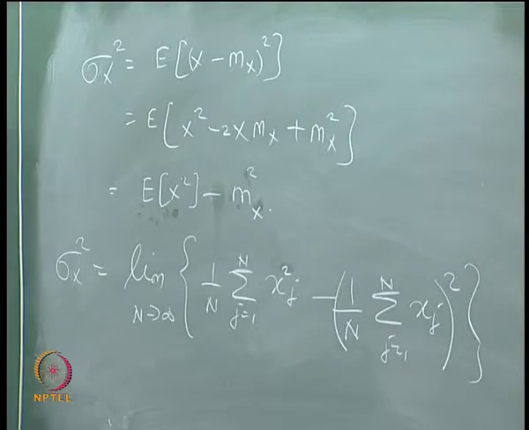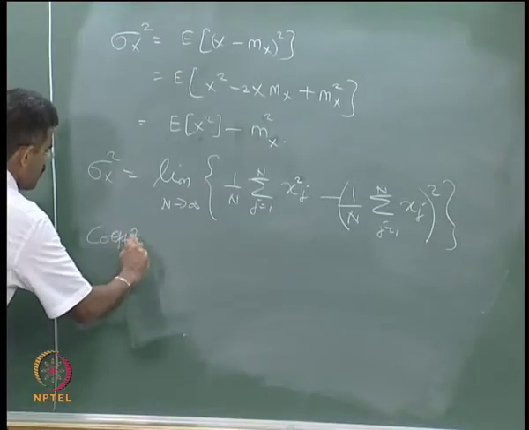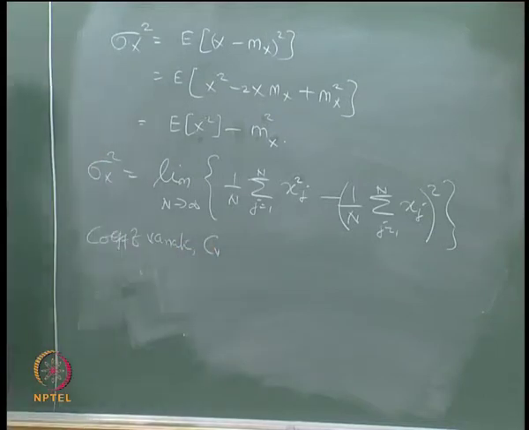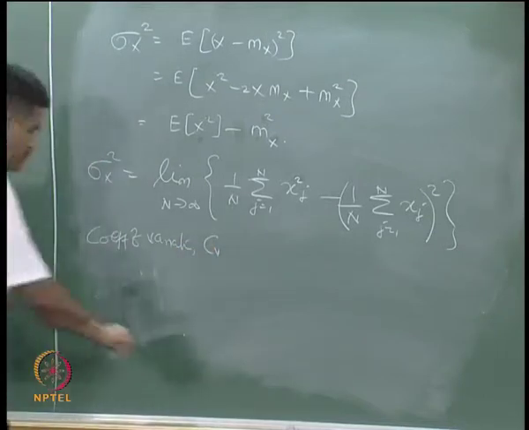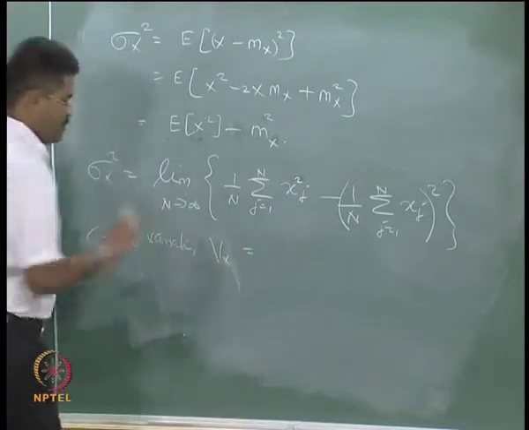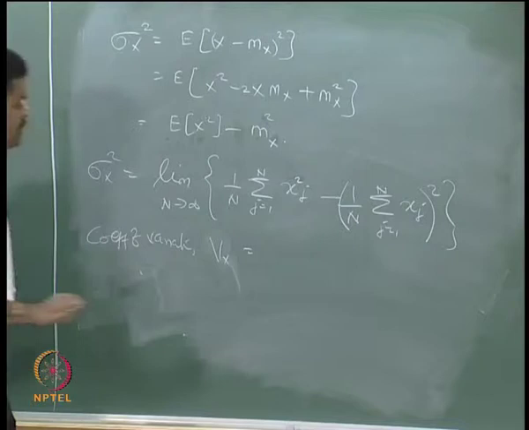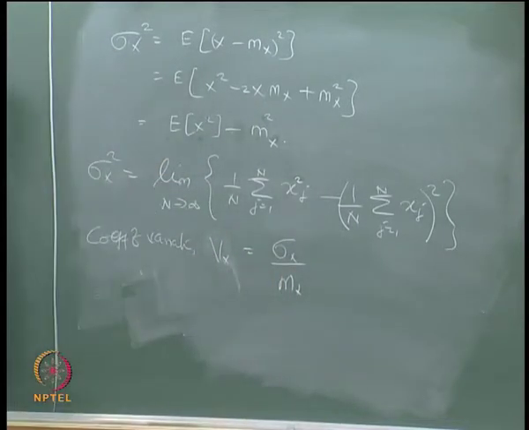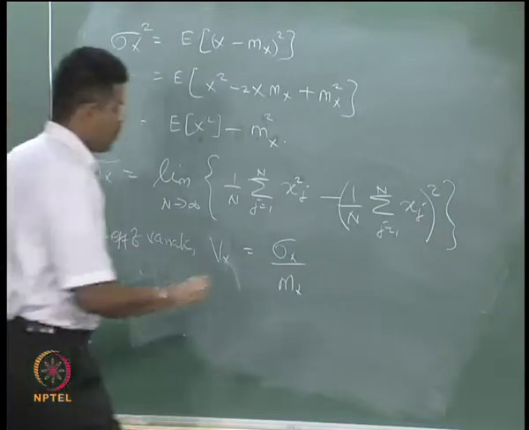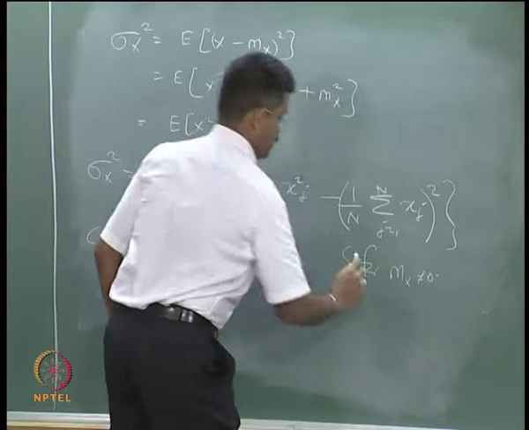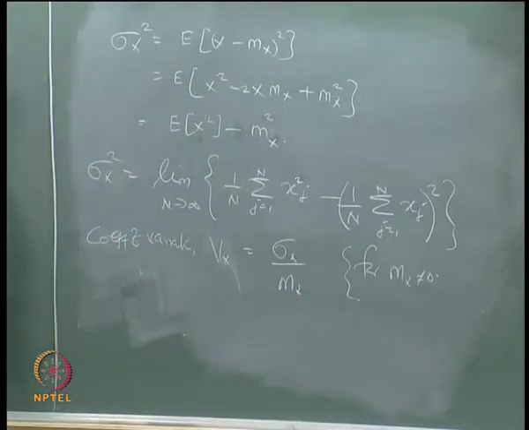I can also find the coefficient of variance. We use Vx, which is given by sigma x by mx. Of course, for a non-zero mean process, mean cannot be 0.